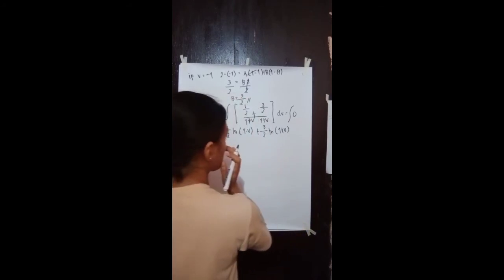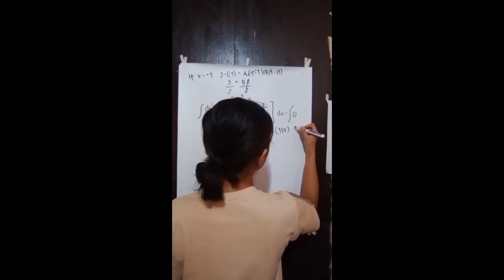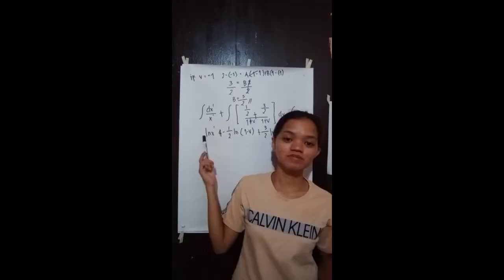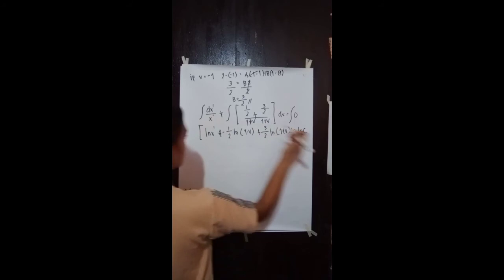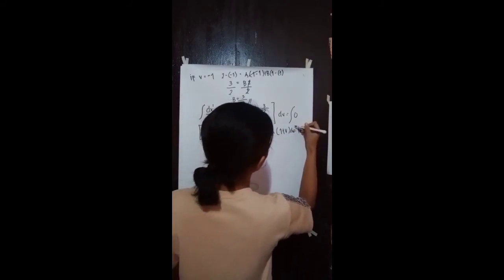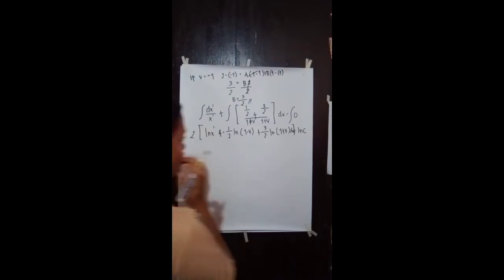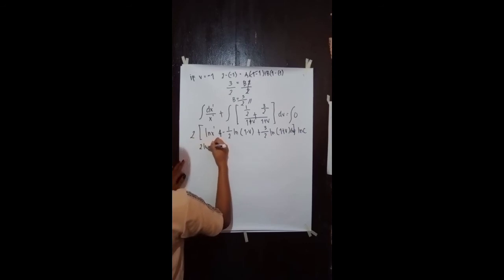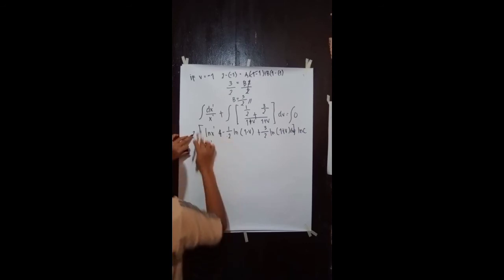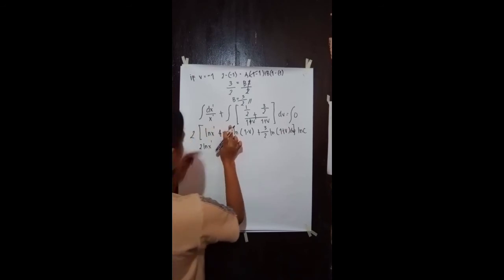So, ln x c. Multiply everything by 2. So, multiply by 2. So, yun. This one is 2 ln x prime. 2 times 1 is 2.